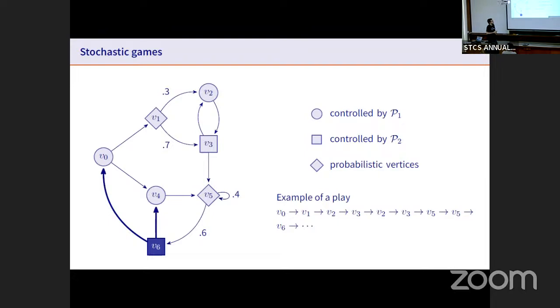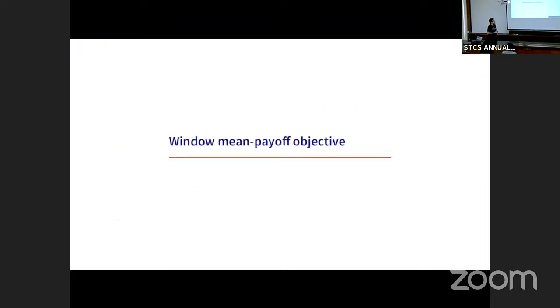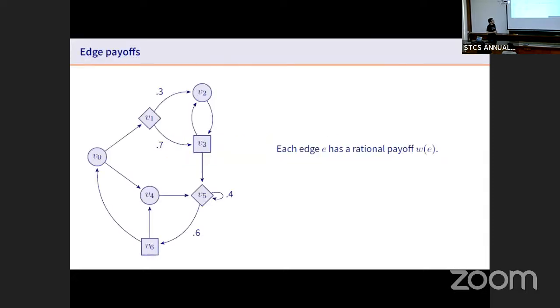But what is the objective of the players? We'll look at a special kind of objective today, a quantitative objective called the window mean-payoff objective. First we'll add some more structure to the graph. We'll assign a rational quantity to every edge.